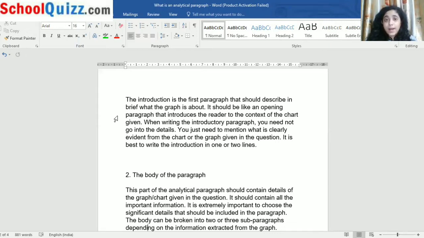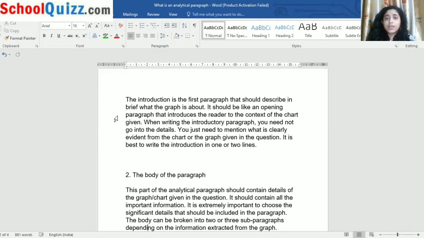When you start a conversation, you start with an opening, right? Similarly, we have to start with an opening of the paragraph that introduces the reader to the context of the chart given.